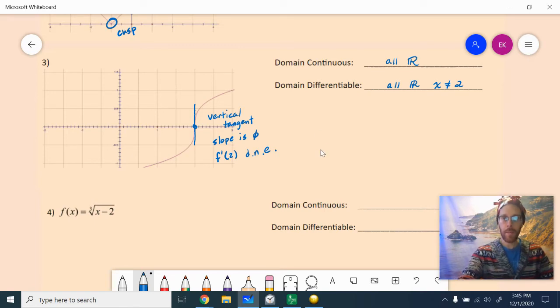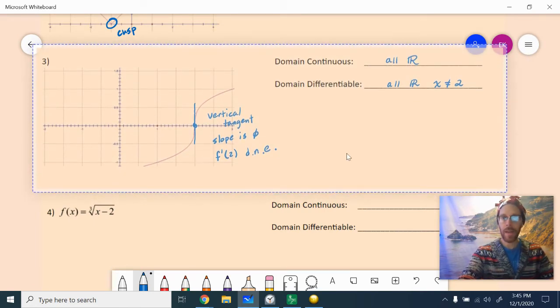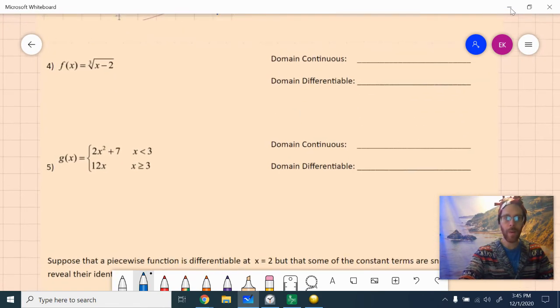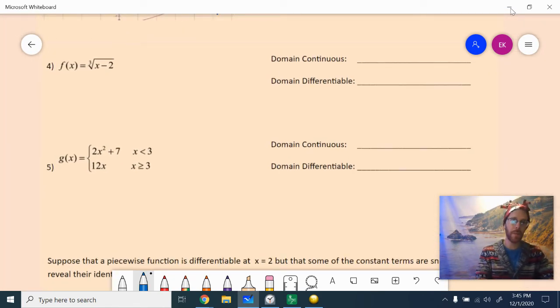So there's a couple of examples where you've got a picture. Now let's take a look at some examples where we have an equation. So first one right here, number 4, is a cube root equation. Now you studied cube roots before, so hopefully you remember that cube roots look kind of like a square root, but it's also got this sort of rotated tail down here. And you can see that that is continuous at all points.